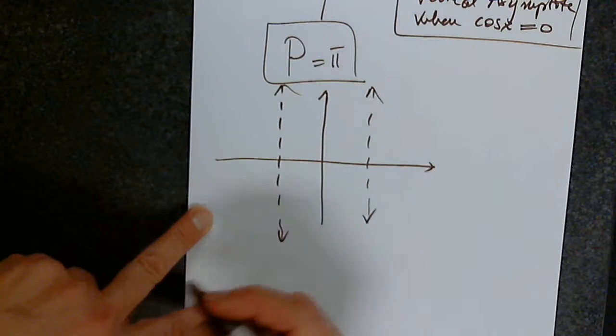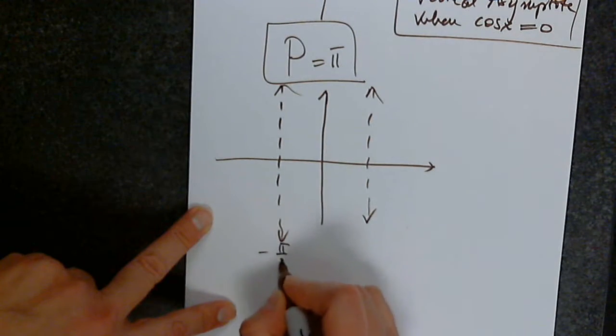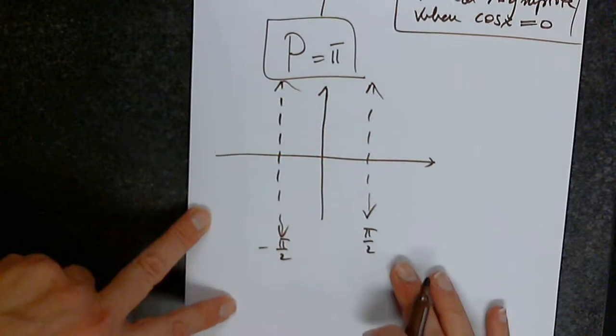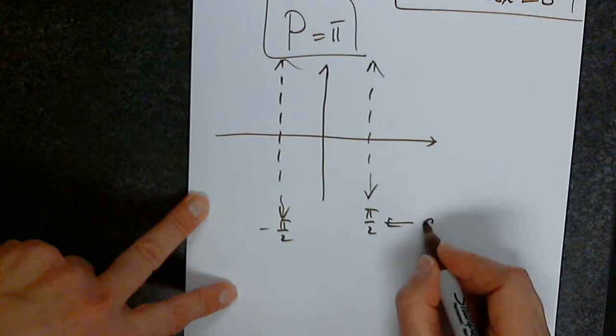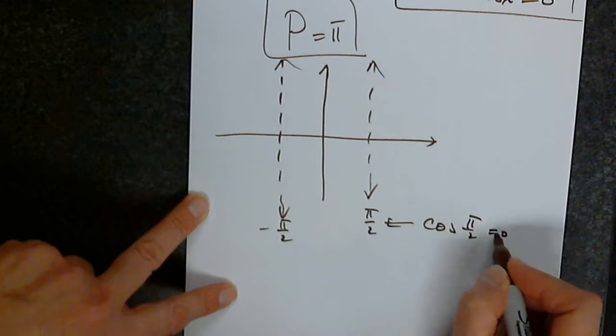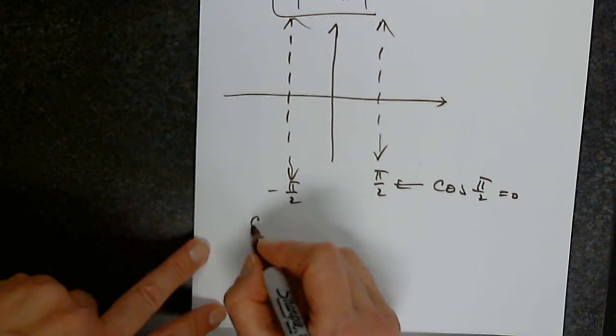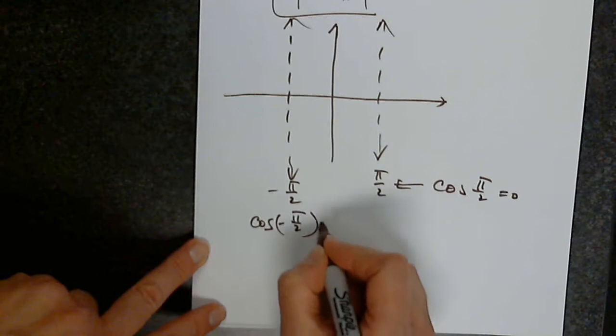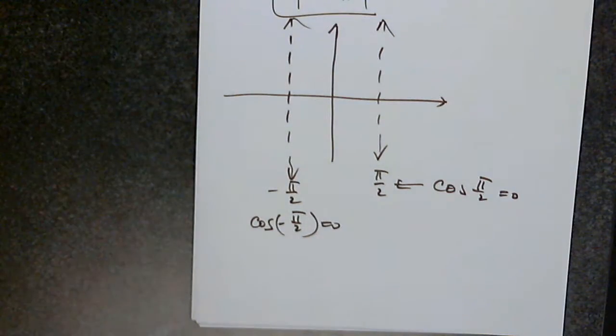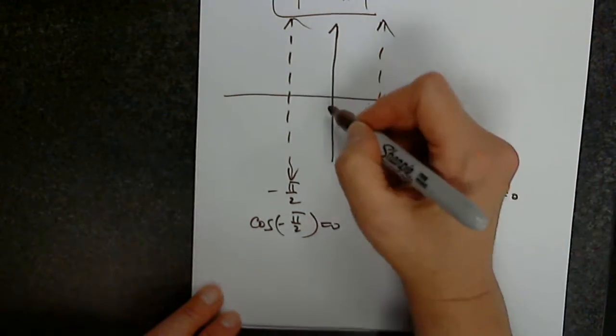Of course, it will go on forever, and I'll show you examples. Here cosine of π/2 is 0, and here cosine of negative π/2 is 0, which makes tangent undefined.